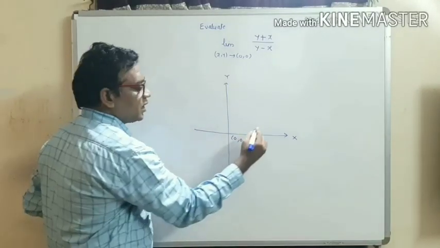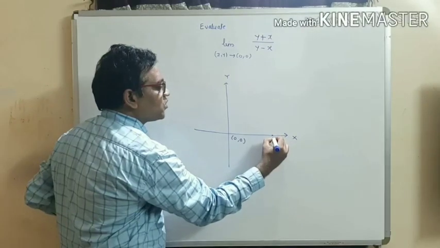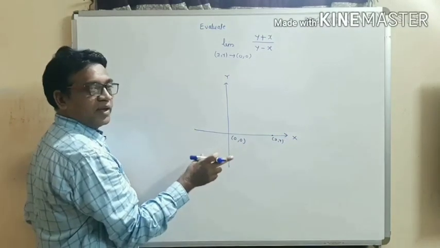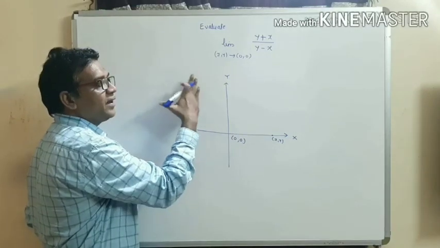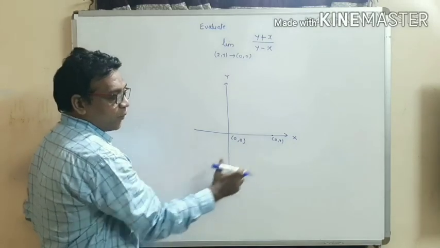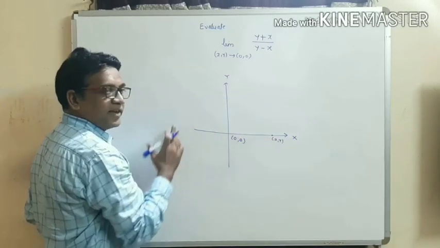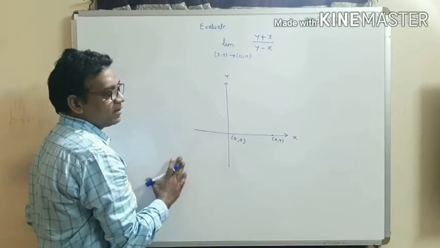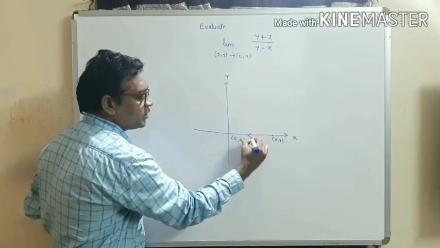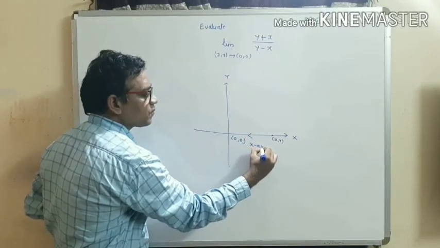Now suppose we consider (x, y) lies on the x-axis. Then we can say that (x, y) approaches the origin along the x-axis.